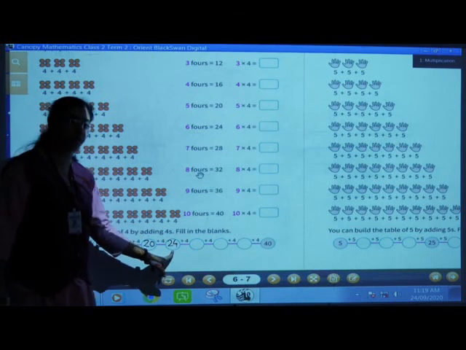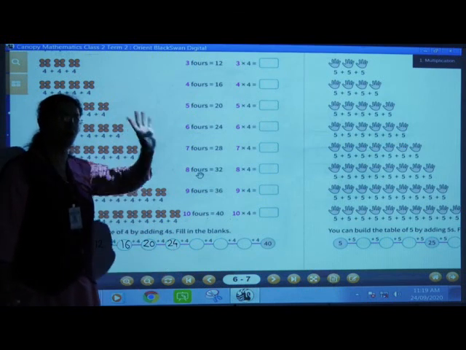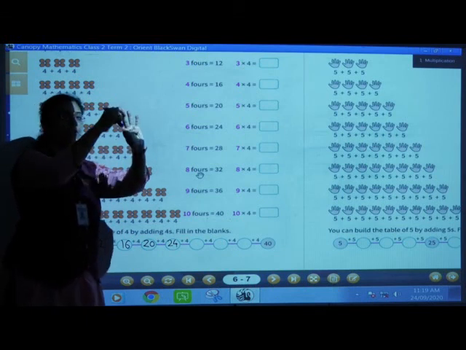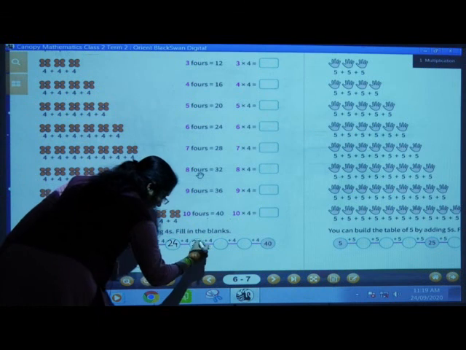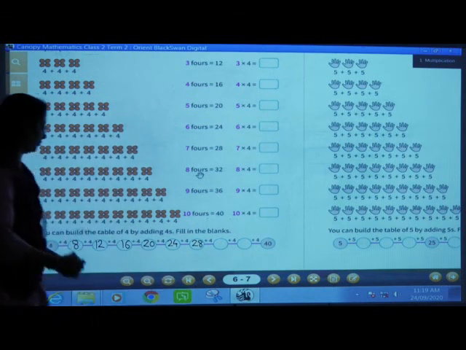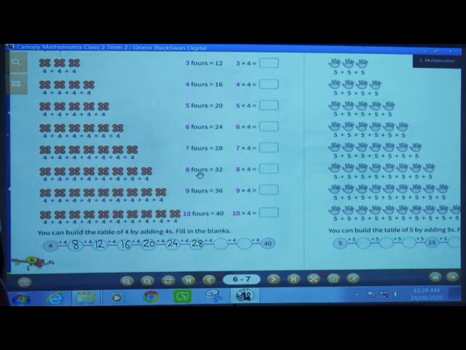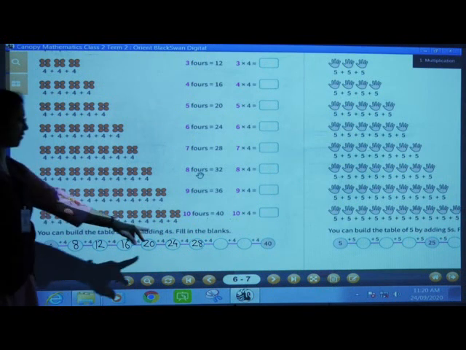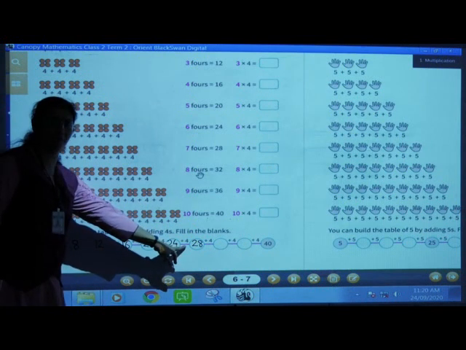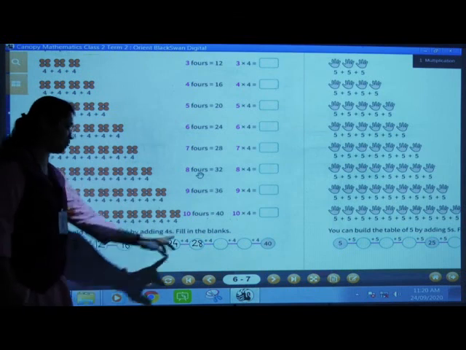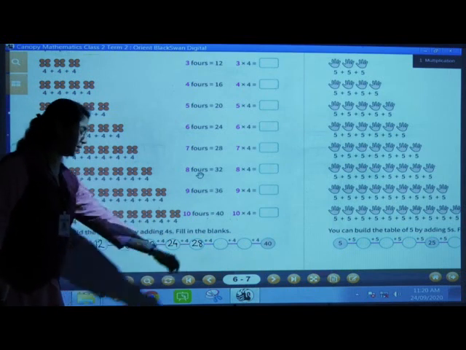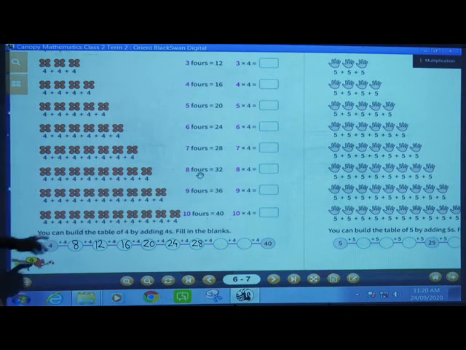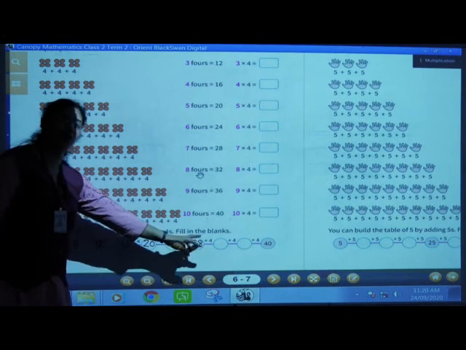Means after 24 you have to count 4 fingers. 25, 26, 27, 28. Means 7 times 4 we added here. Therefore 7 4s are 28. Or we can say 4 7s are 28.